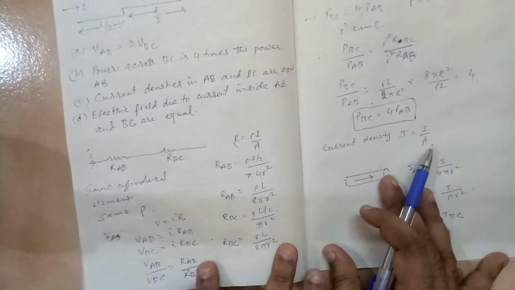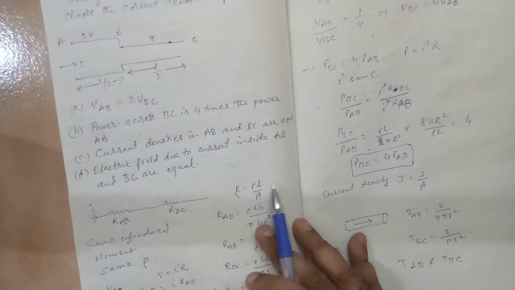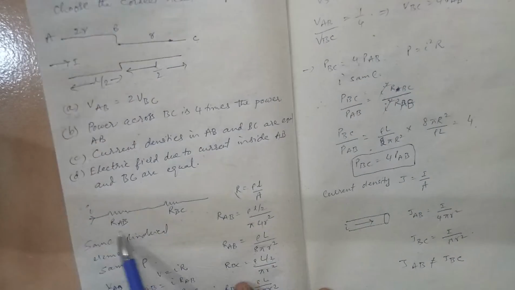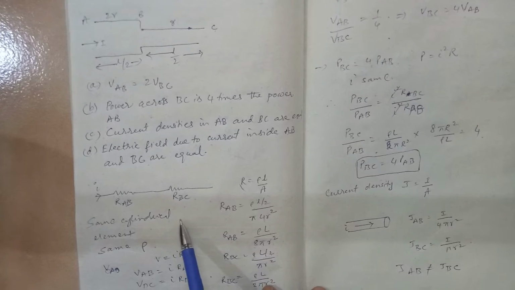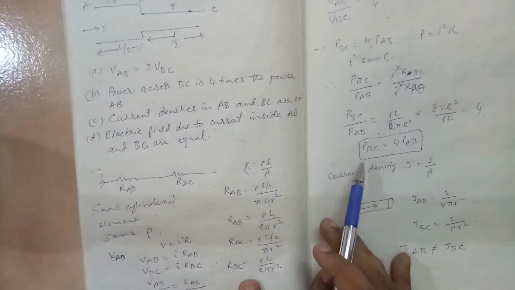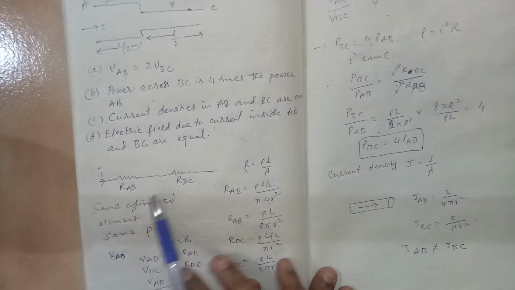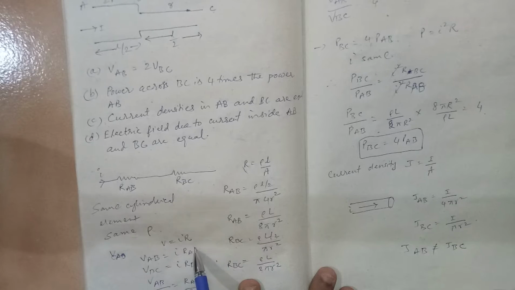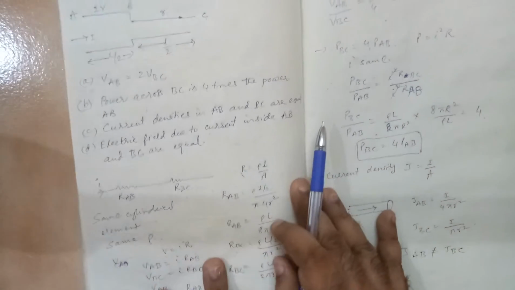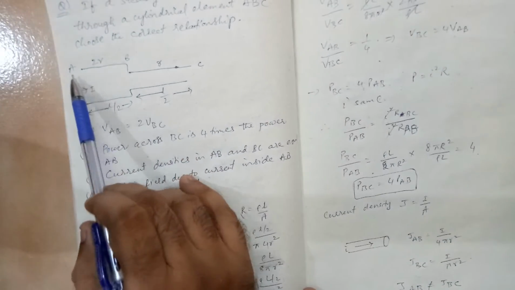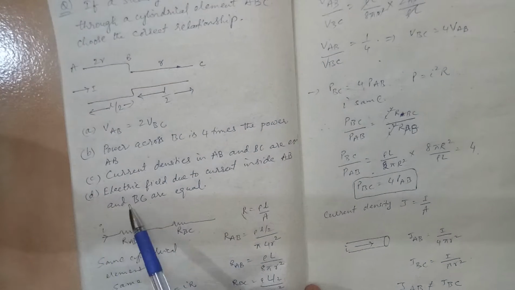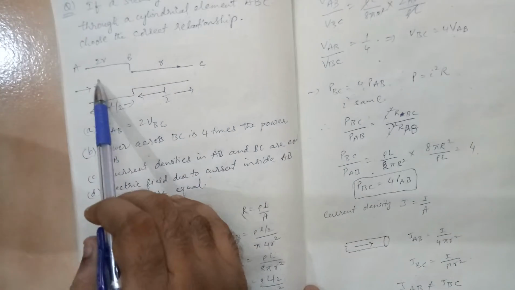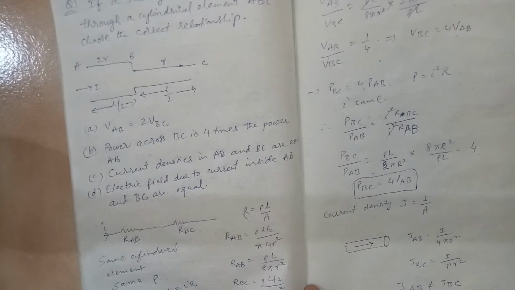Now whenever you connect resistors in series, the current flowing through them will be equal. And we have already discussed that this is the same cylindrical element, same material, so rho is constant. As per Ohm's law, we know V is equal to IR. Suppose I want to know the potential drop between A and B, I need to take the current I and multiply by the resistance RAB.